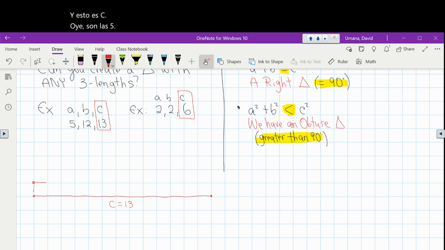So 1, 2, 3, 4, 5. So this is A equals 5. And then up here, I'm going to say that this one is 12. So B equals 12. Now look at how those lines are arranged and decide whether or not I can put them on the corners and whether or not that's going to make a triangle.